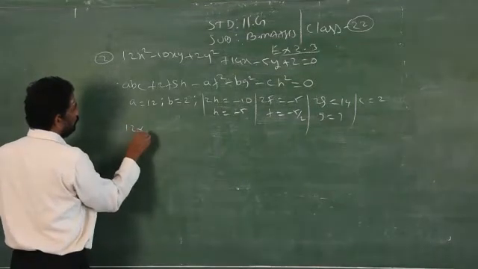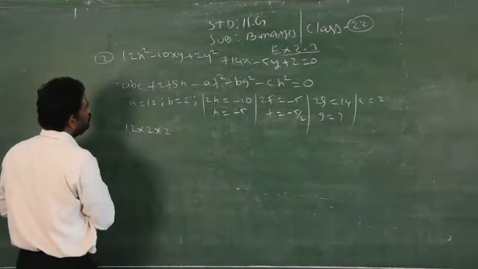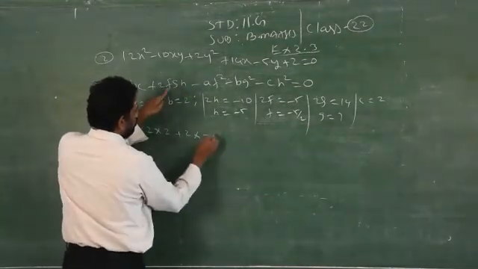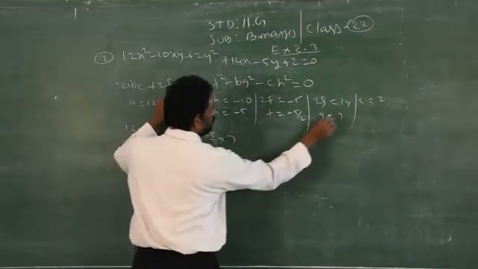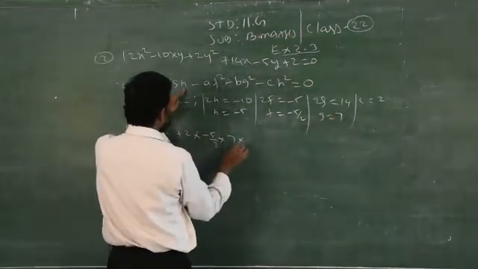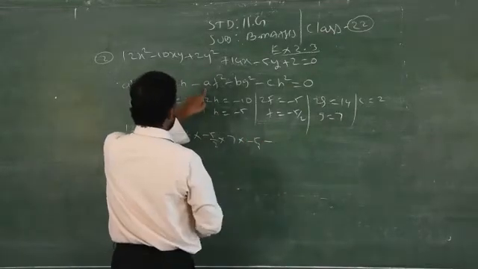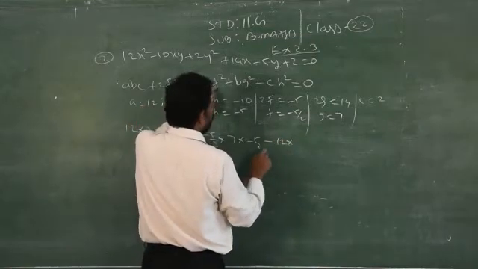If you prove that it is equal to 0, that represents a pair of straight lines. A is 12, B is 2, and C is also 2. Then plus 2 into f, minus 5 by 2, g is 7 and h is minus 5. Minus a, which is 12, into f square.